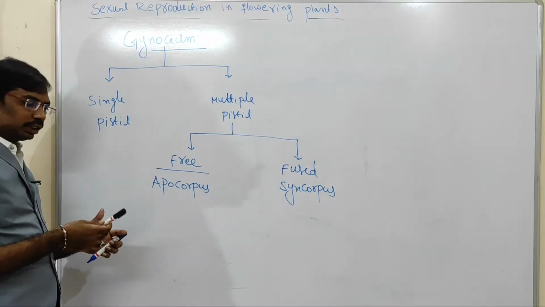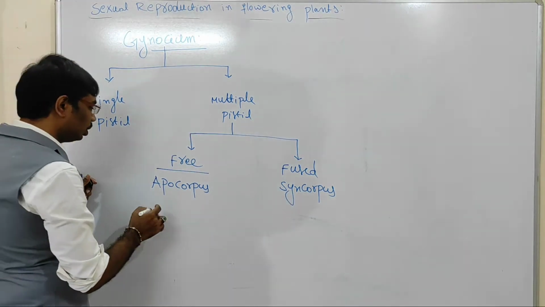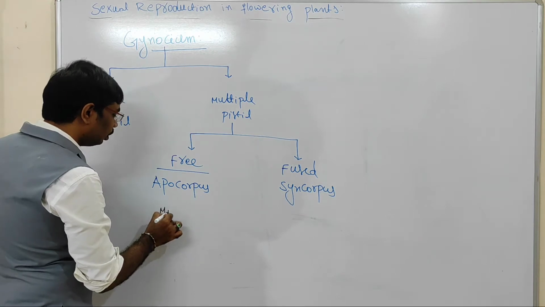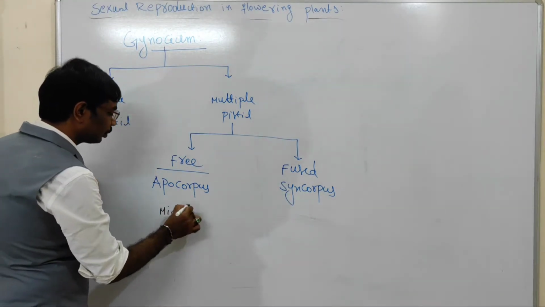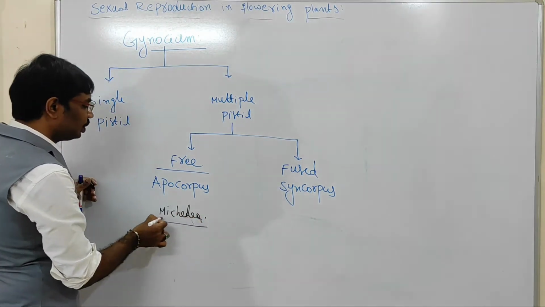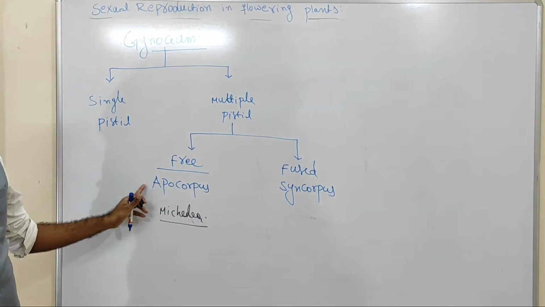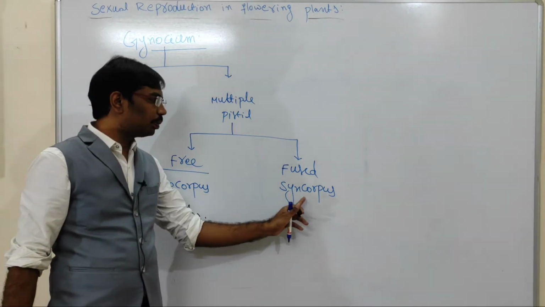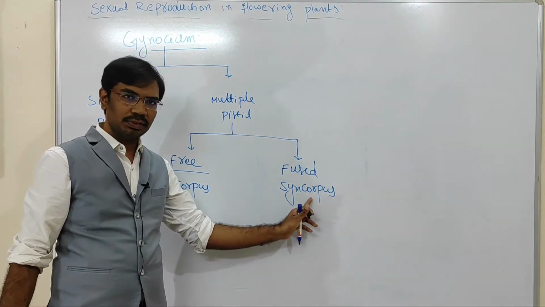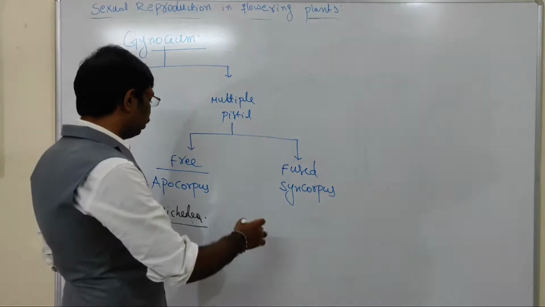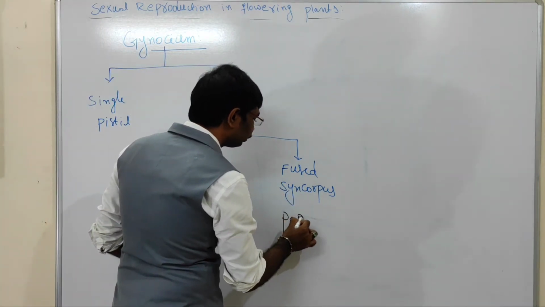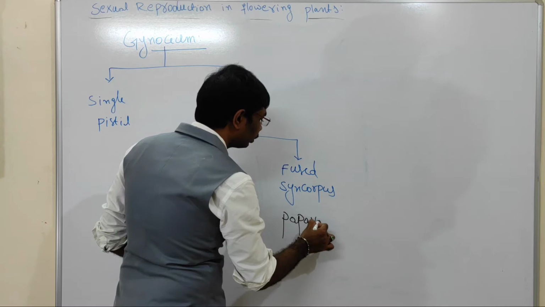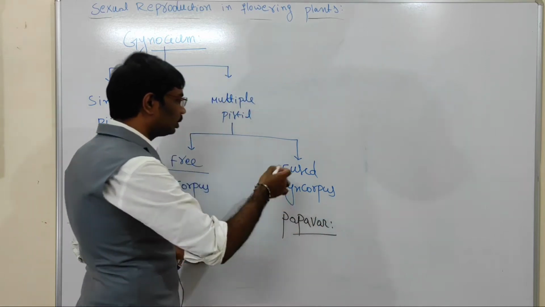What is the example of apocarpous? Michelia is the example of apocarpous, and syncarpous means the carpels are fused together. Example, Papaver. So these are the examples.